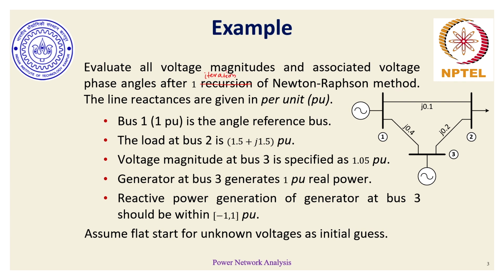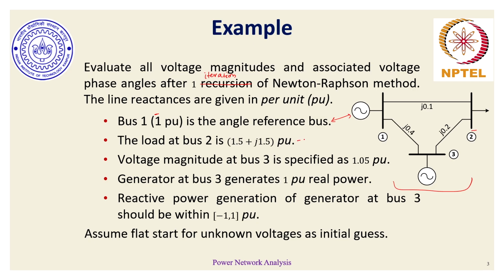Pardon me for using the same example from the Gauss-Seidel lectures. So the problem statement remains the same. We have a 3-bus network where bus 1 is the angle reference bus with voltage magnitude of 1 pu.